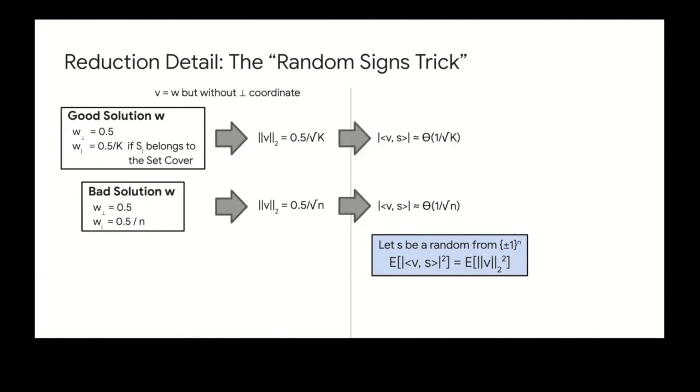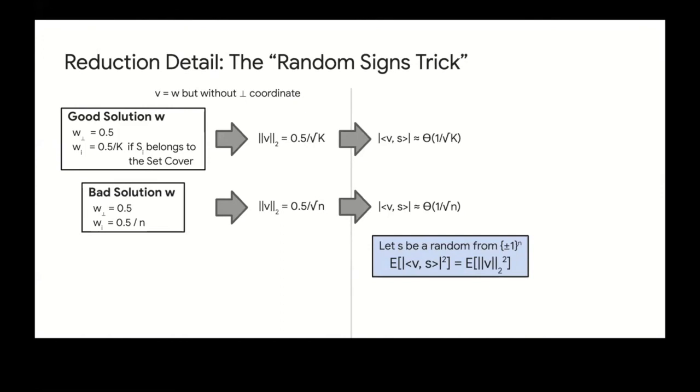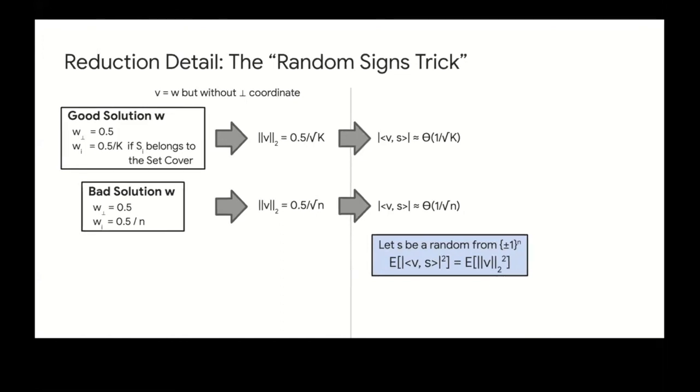So what this means is that V dot S in the good case will be roughly 1 over square root k, but V dot S in the bad case will be roughly 1 over square root n. And of course, n and k are very different since we are in the parameterized regime here. So this led us to an example where we take this V dot S and check whether it is greater than or equal to some small constant over square root k.